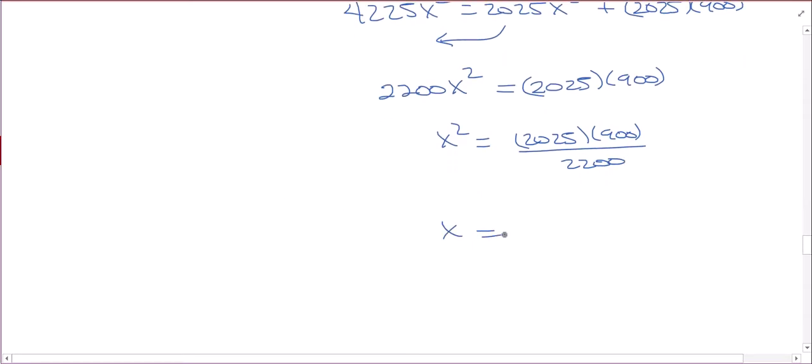When you take the square root, you always get plus or minus. So then this is going to be plus or minus the square root of that, which is, I get 28.78.